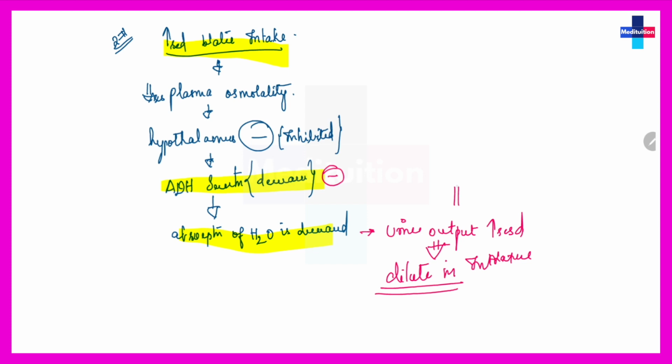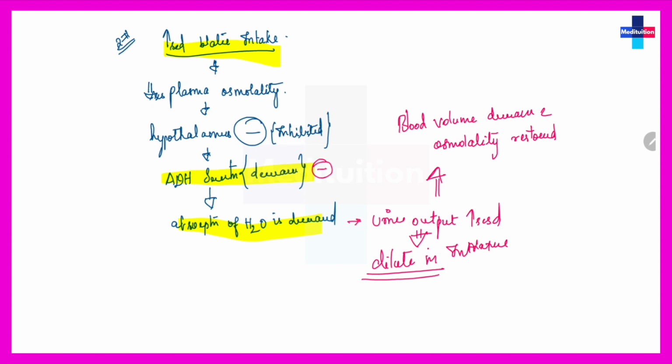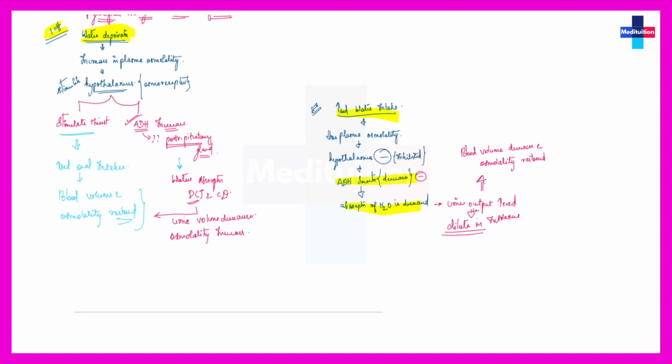Because of this, blood volume decreases and osmolality is restored. This is how the altered osmolality is restored through the hypothalamus and the stimulation process. So we have discussed two things: first water deprivation, and second increased water intake. Both are physiological changes in your body.